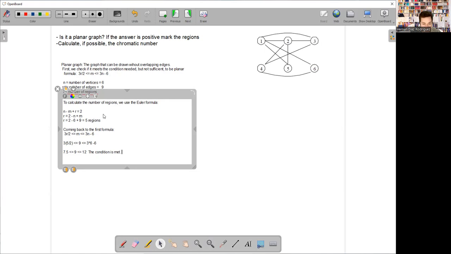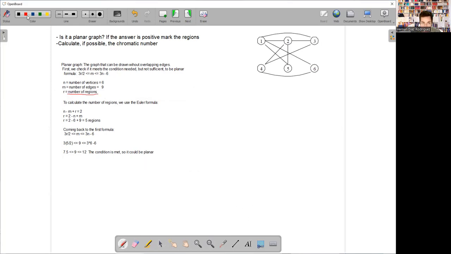So it could be planar, right? It could be planar. So what we are going to do is to draw the graph in a way that the edges don't cut, right? We are going to try to draw it.